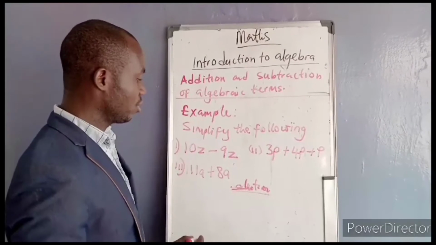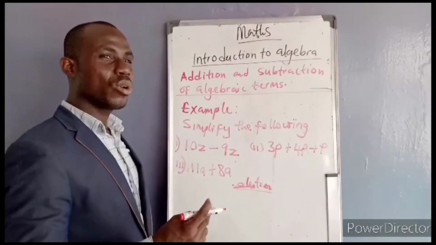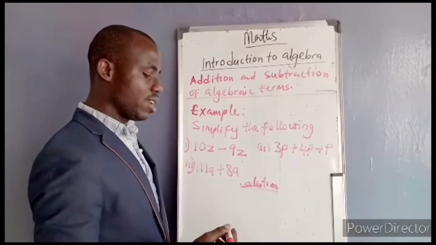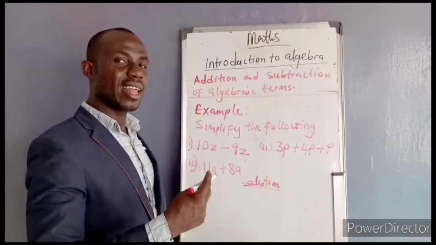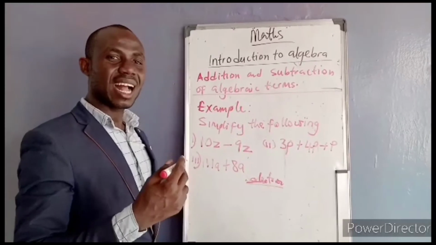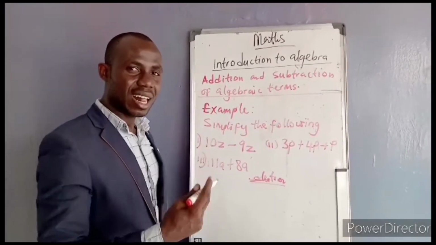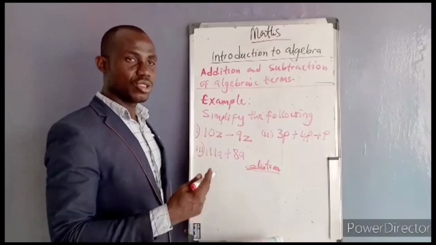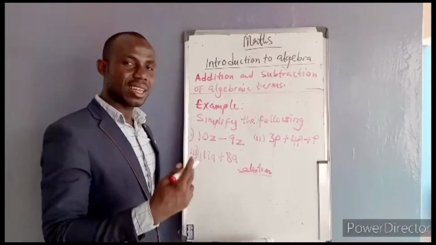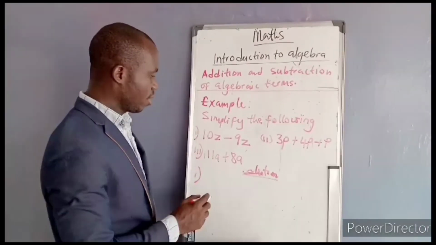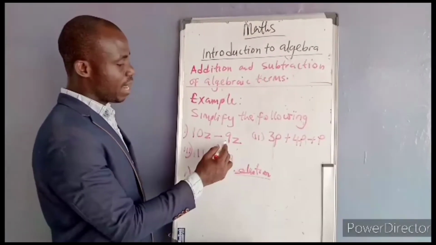In solving such questions, we have what we call like terms and unlike terms. In algebra, anywhere you hear like terms, it means the alphabet are the same. You can add alphabet when they are the same. So anytime they are the same, we call them like terms. For example, in question 1, we have 10z minus 9z.